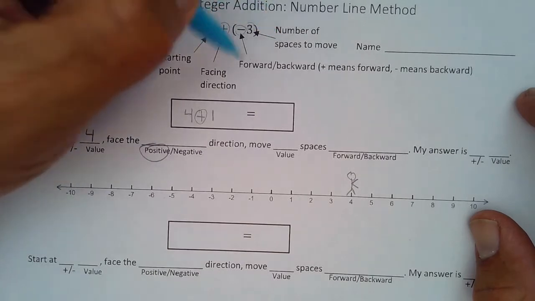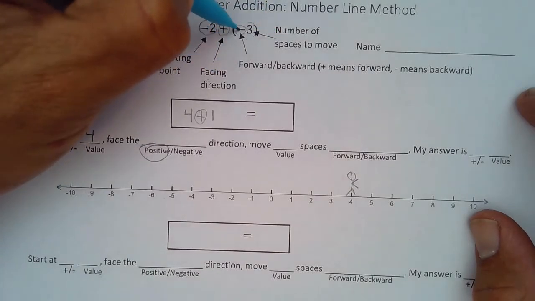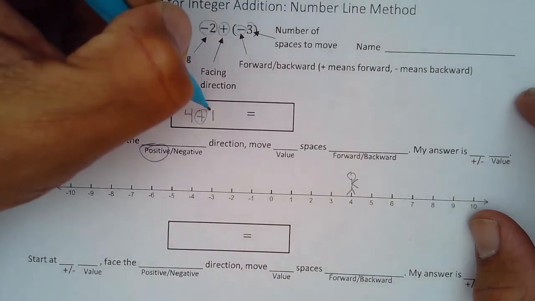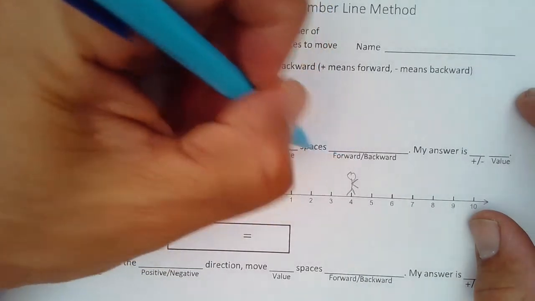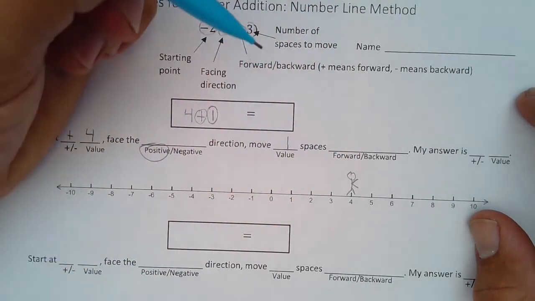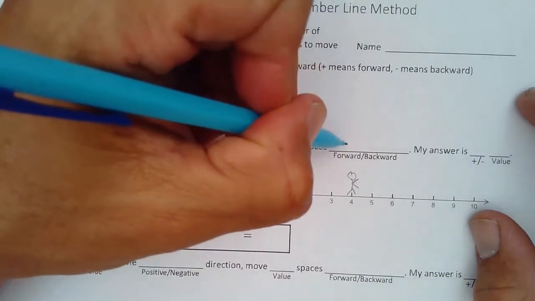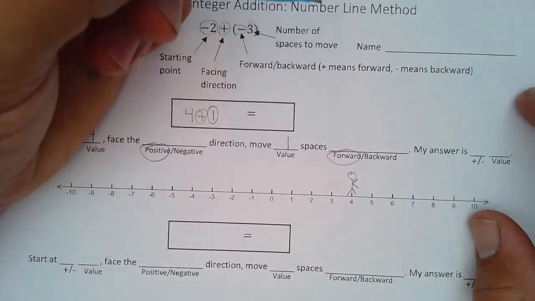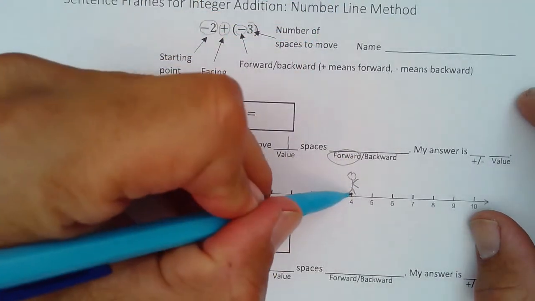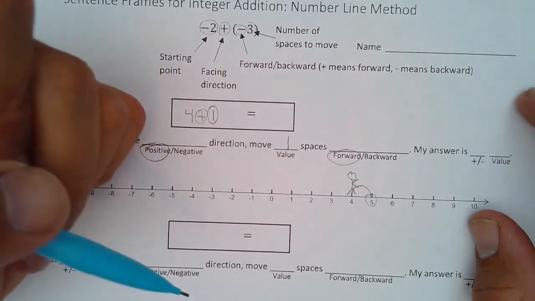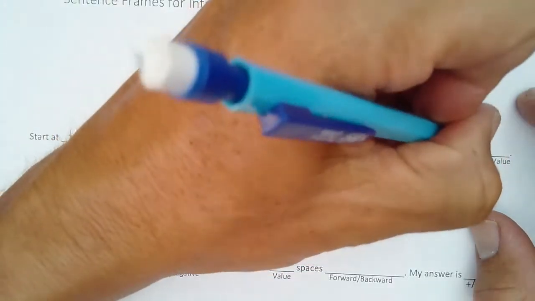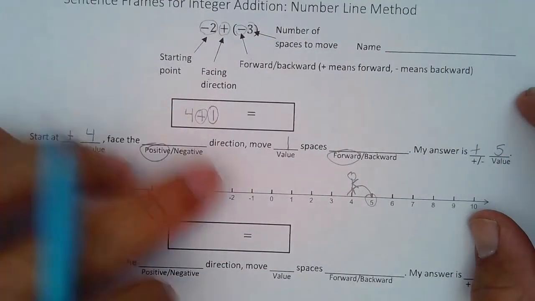And now we are going to move, this tells us forward or backward. I'm looking at this right here, and that's a positive 1. So that means I'm going to move forward one space, which is right here, and my answer is positive 5. But you already knew that 4 plus 1 is 5.